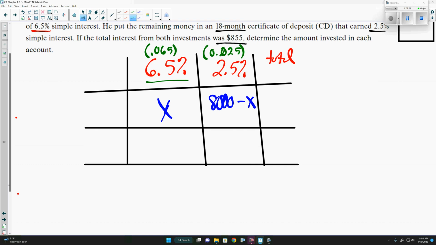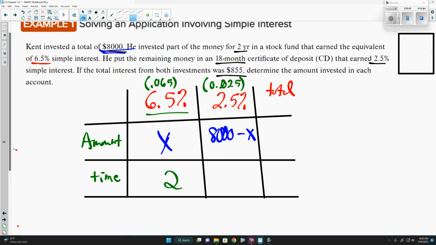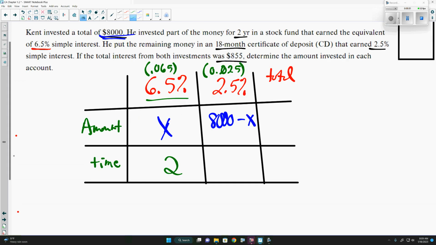Now the time, because we have amount, might as well fill this in. How much time was it for the 6.5% interest? 6.5 was what? 2 years, wasn't it? 2 years at 6.5 and 18 months for the 2.5.